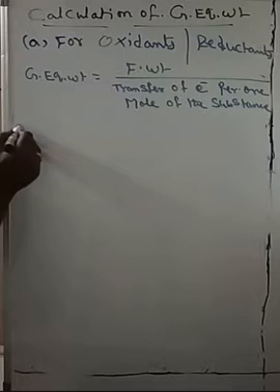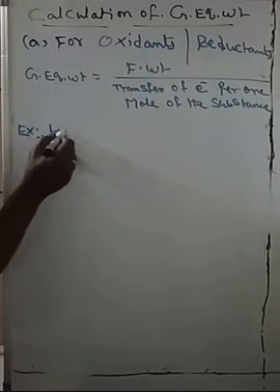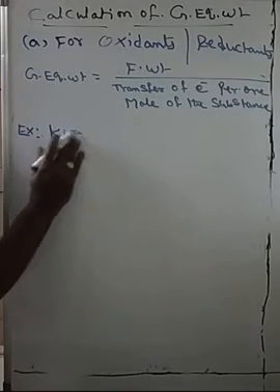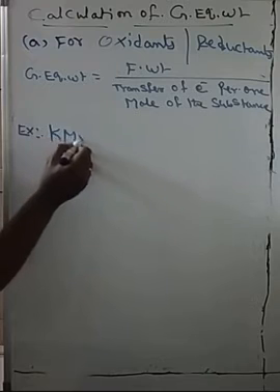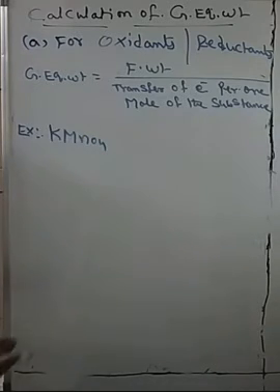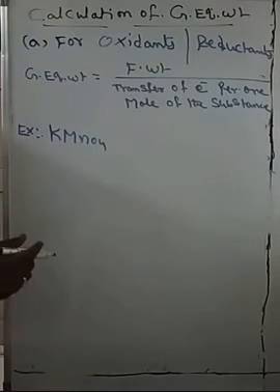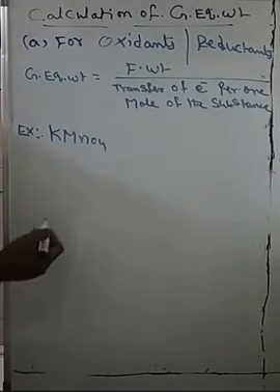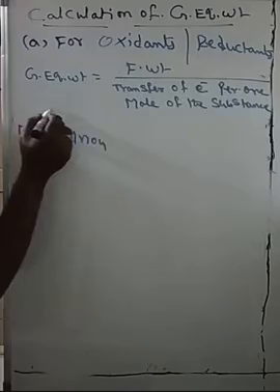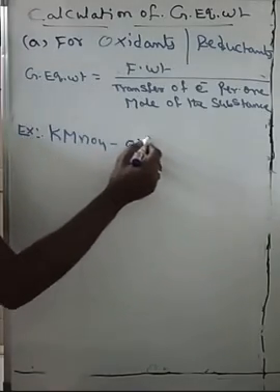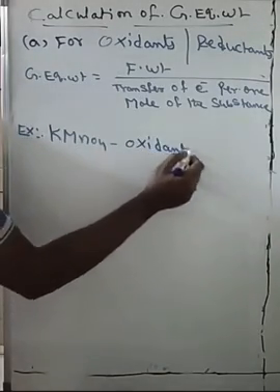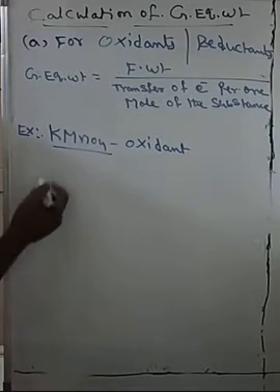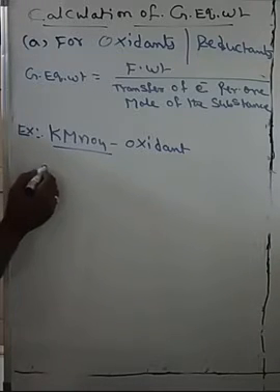So for example, take KMnO4, potassium permanganate. Potassium permanganate in acidic medium, basic medium as well as neutral medium acts as an oxidizing agent. So it is one of the oxidants.